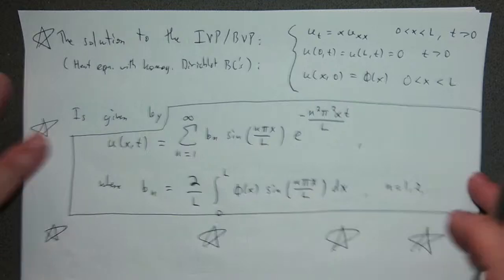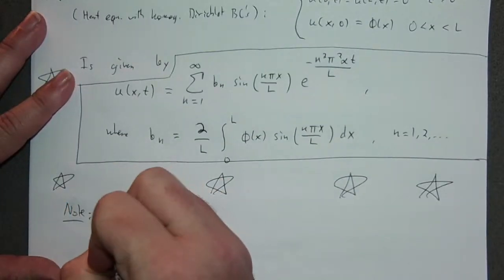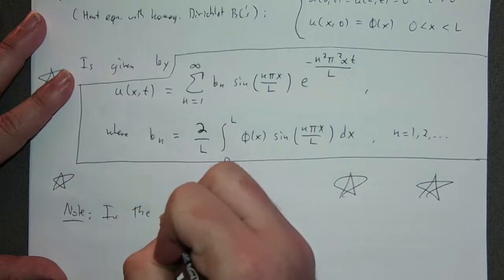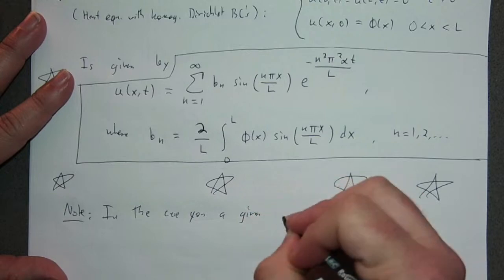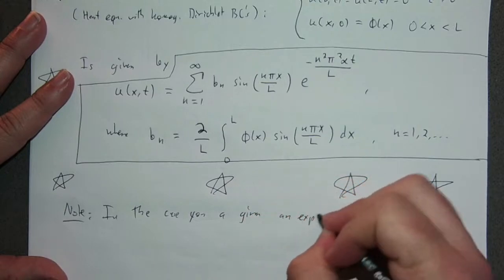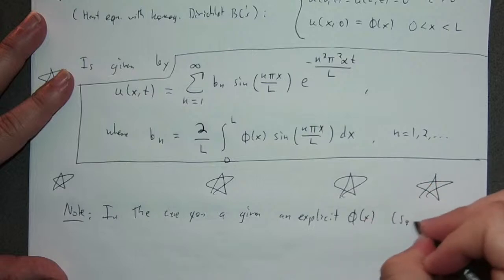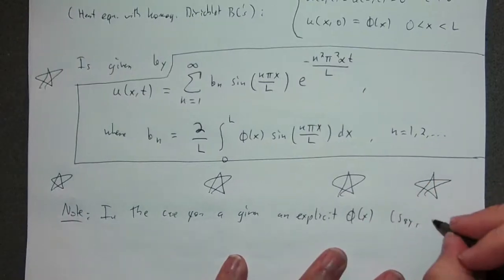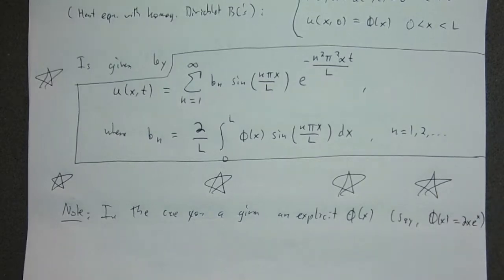No. So note, in the case you are given an explicit phi of x, say phi of x is equal to 2x, e to the x, something, it doesn't matter, whatever.